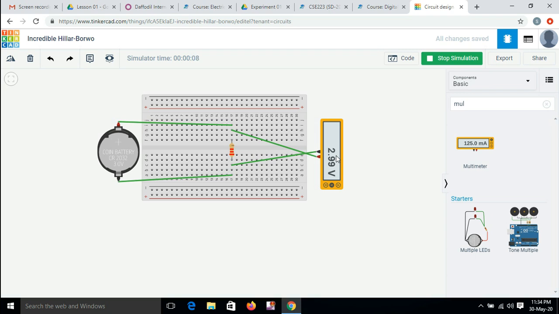Here a significant difference we can observe. We're using a 3-volt battery, and according to the parallel rule, the voltage across this resistor should be 3 volt, but we are observing that it is 2.99 volt. There is a difference between the supply and drop voltage, and this difference can occur because of the heat loss in this resistor.